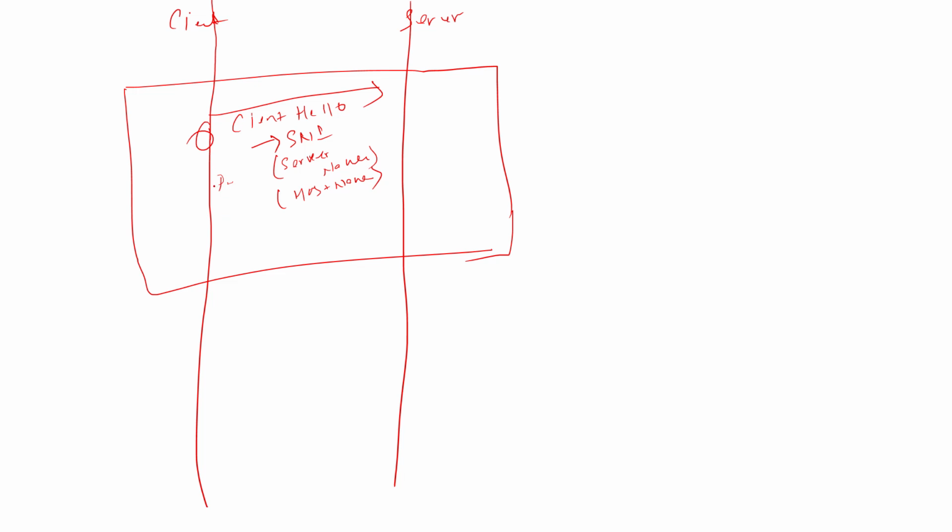and random number, but I'm not going into those details because the focus of this lecture is only to discuss the SNI. So that's why I mentioned at the start that I'm going to only share the trimmed down version of the TLS Handshake. So in the ClientHello, the client indicates the SNI TLS extension, which is nothing but the server name and host name, and based on this, the server sends the server hello and server certificate.